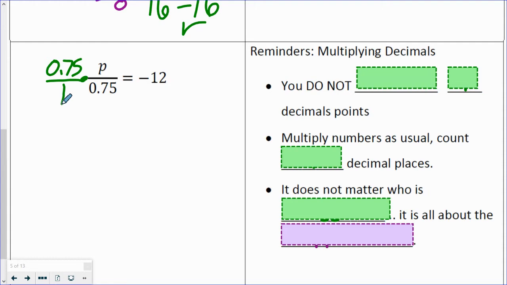It helps us then identify that we can cross cancel those out because 75 cents over 75 cents makes a whole. Then all I'm left with is my P is equal to, well, how do we multiply again? Let's do a quick review.